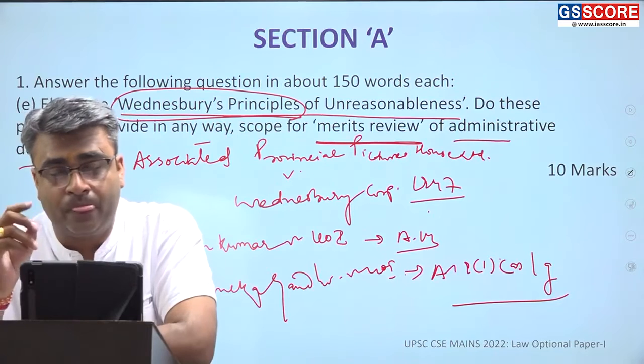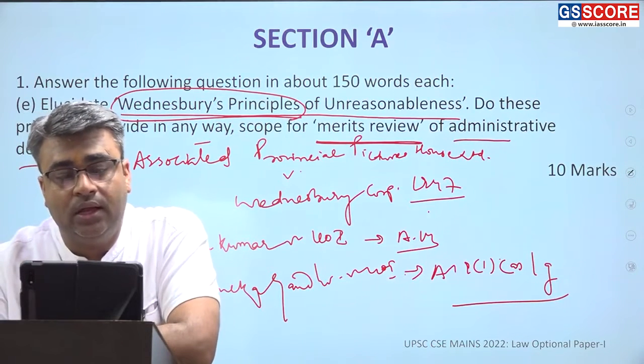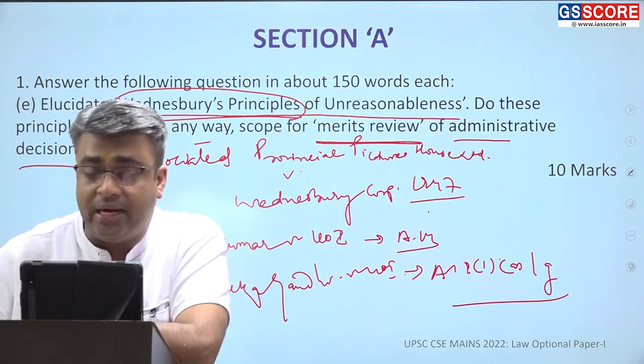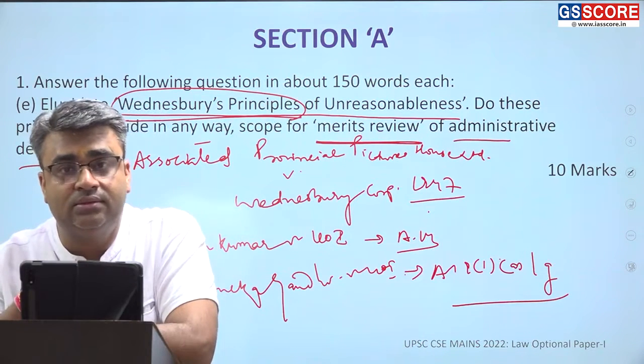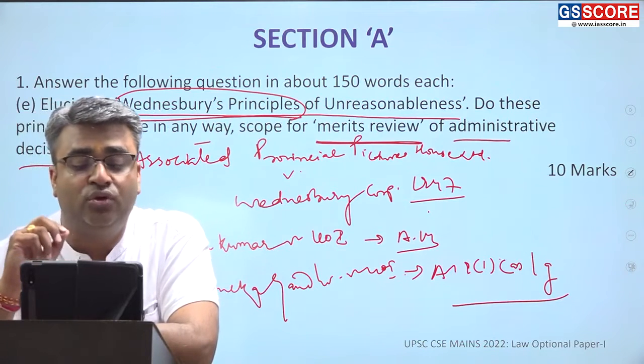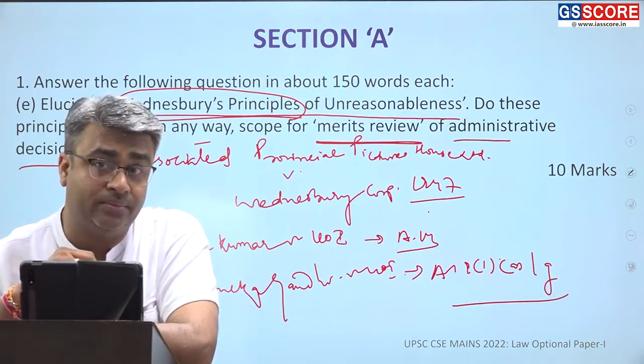If you go by the actual judgment of the Wednesbury case, in which this principle was laid down, it provides a standard of unreasonableness used in assessing an application for judicial review of a public authority's decision.